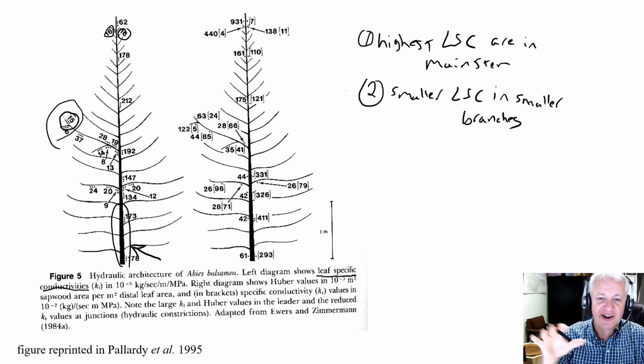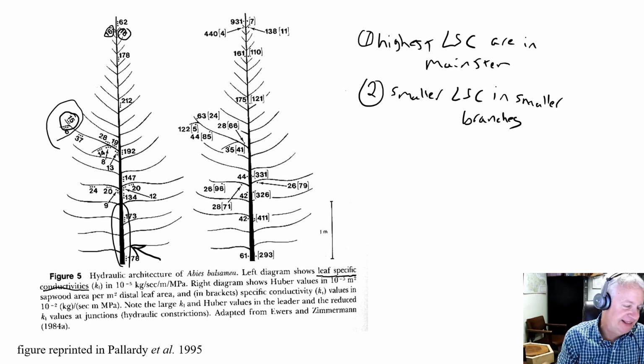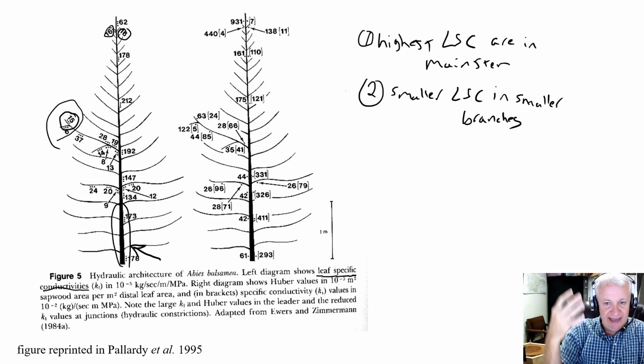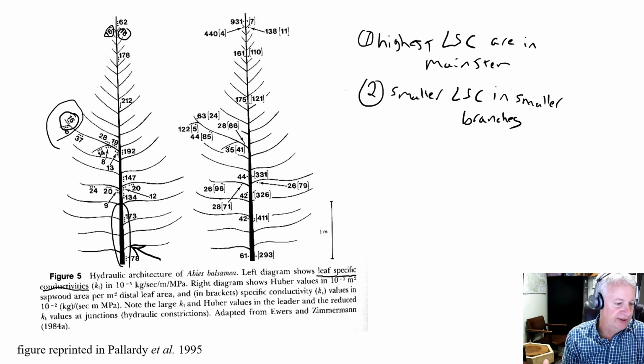I sort of stuttered around that, but essentially that was core to their hypothesis. So they almost thought of those hydraulic restrictions as safety valves that concentrated cavitations in branches and leaves, keeping those cavitations away from the main stem of the tree.